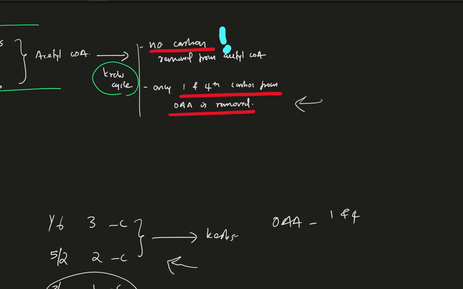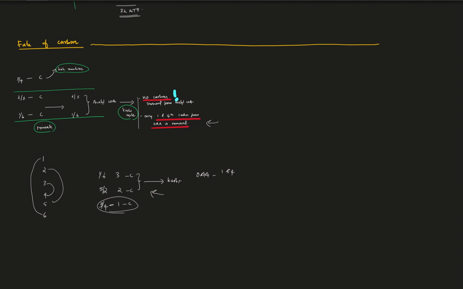That is how we get this. Since 2 pyruvates are formed, there are 2 rotations, so from pyruvate we do everything twice. Okay, so this is our Krebs cycle.